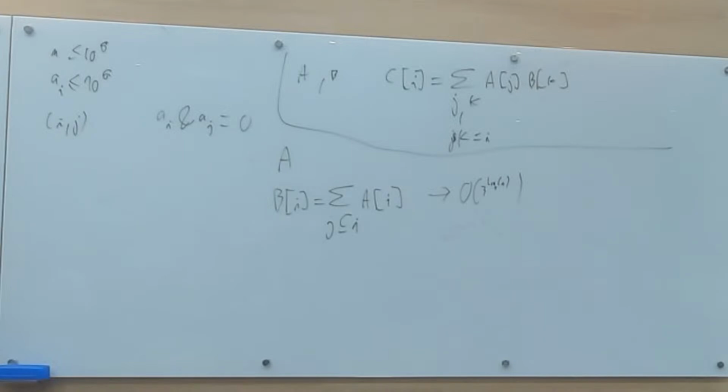There are n layers, and each layer has N elements, numbered from 0 to N minus 1. What we do is we imagine edges for every pair of layers.